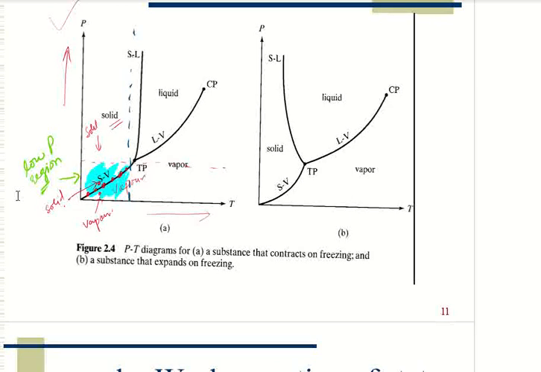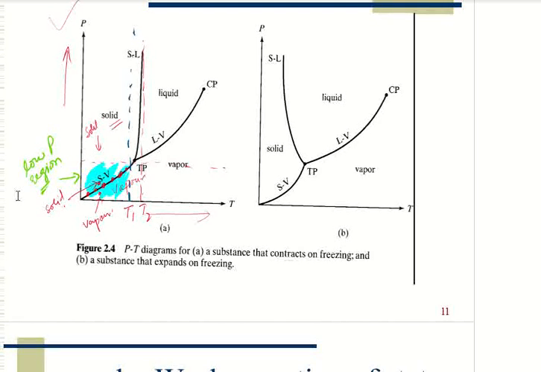And now we discuss what happens when we increase the pressure and keep the temperature still low. We increase the temperature a little bit, so we are moving from this pressure, which we call P1, to this pressure. We were at temperature T1, and now we have moved to temperature T2, and I am drawing a line corresponding to it. We are keeping the temperature still a bit low, but increasing the pressure.